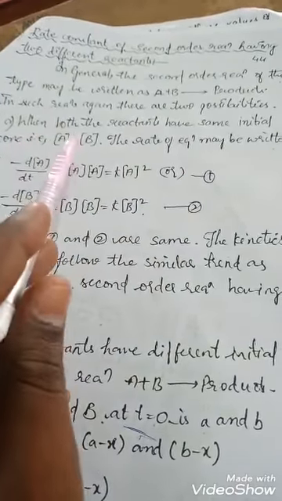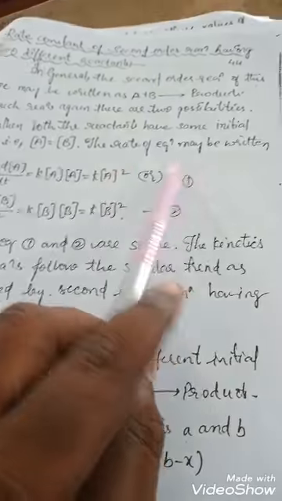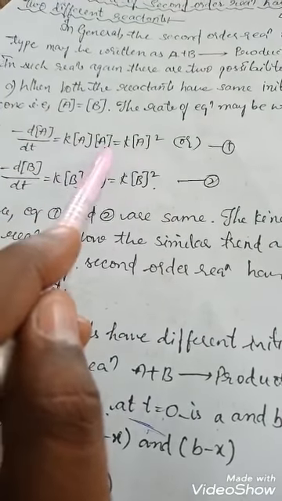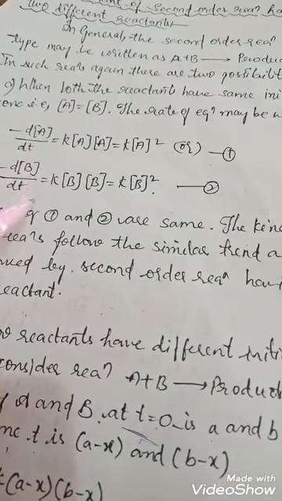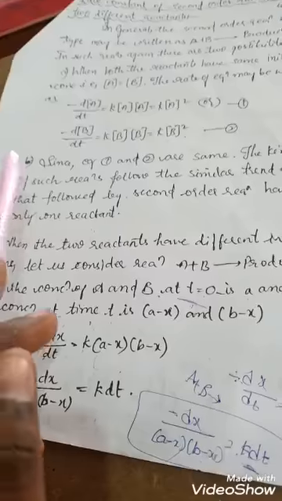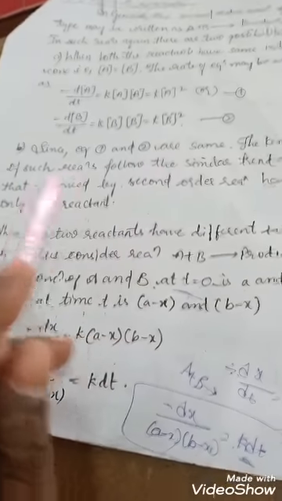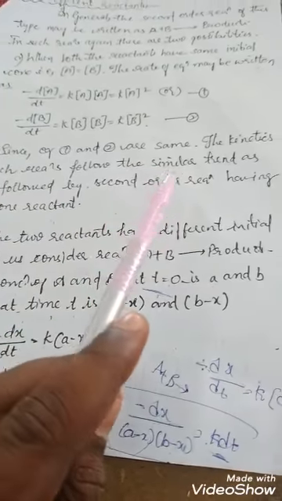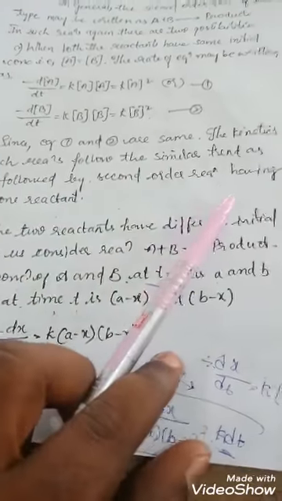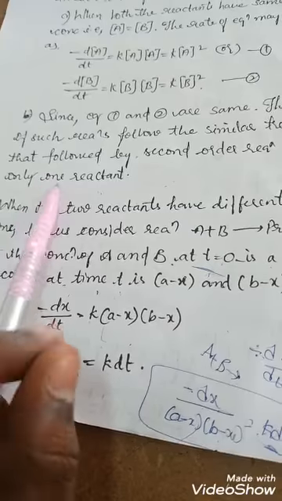When both the reactants have the same initial concentration, a equal to b, the rate equation may be written as minus dA by dt equals k[A] squared, and minus dB by dt equals k[B] squared. Since equations 1 and 2 are the same, the kinetics of such reactions follows the similar trend as that followed by a second order reaction having only one reactant.